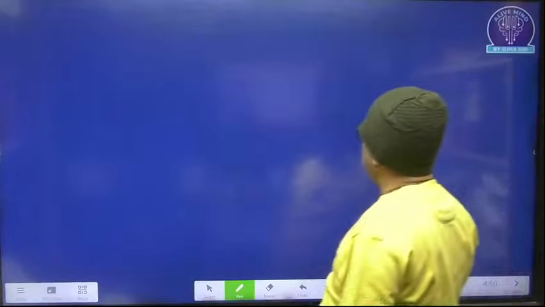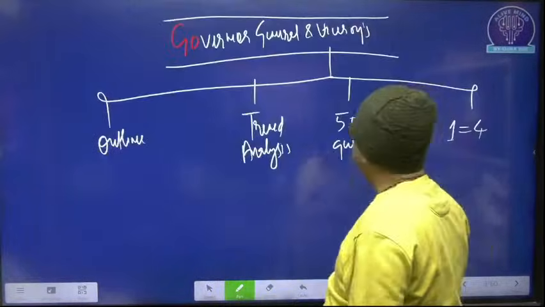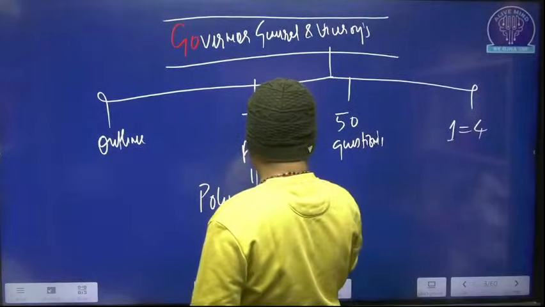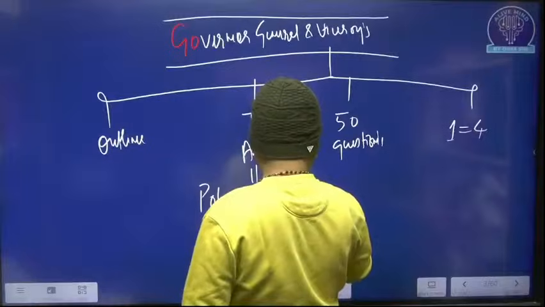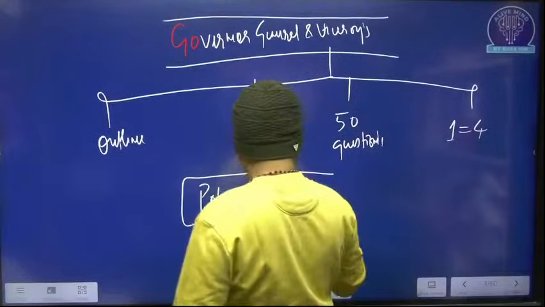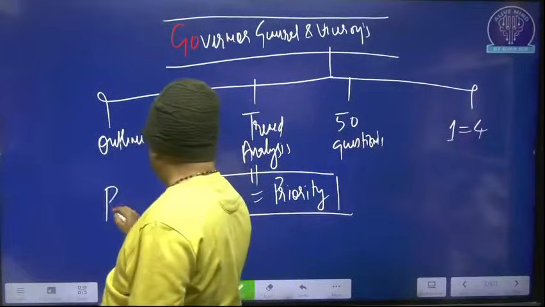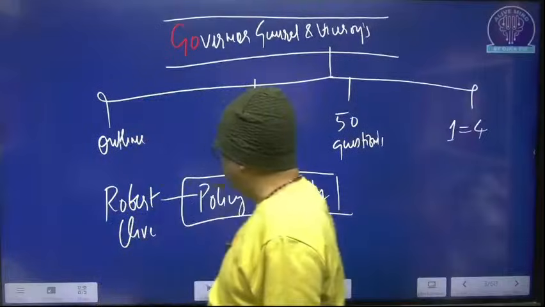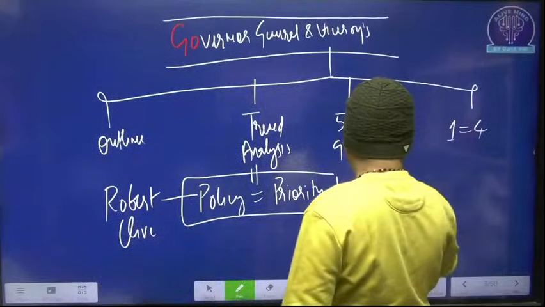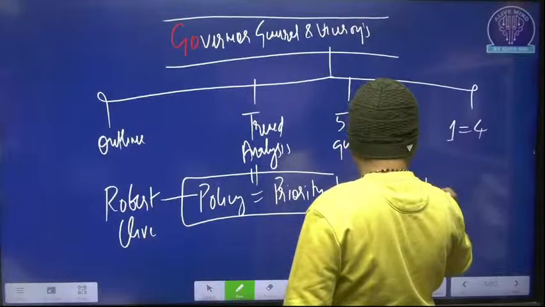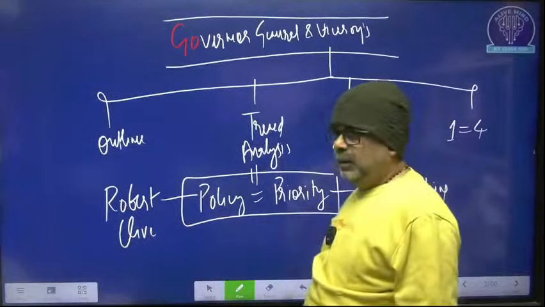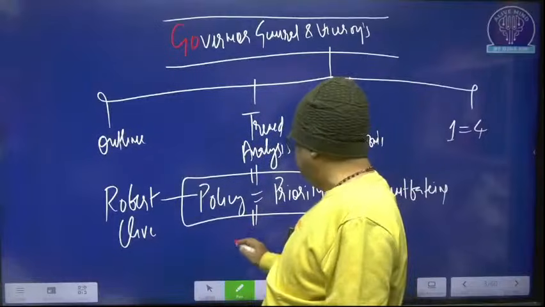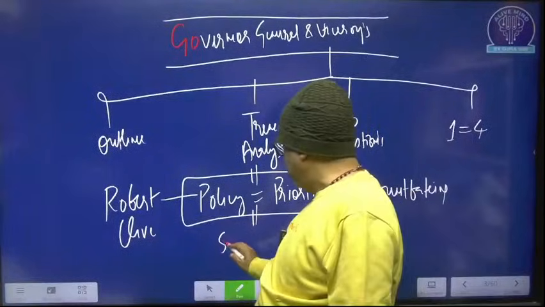So first, outline. Governor General, P is equal to P. Policy depends upon priority. So from Robert Clive to Mountbatten, the policies of the Governor Generals and Viceroys which helped them to suppress and exploit India.